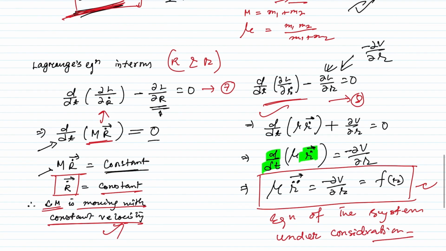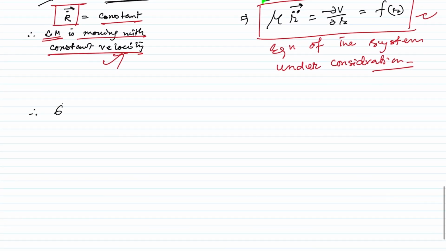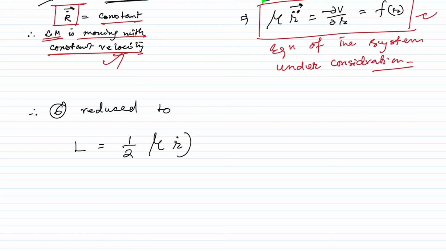Therefore equation 6 reduces to L equals half mu r dot square minus V of function r.